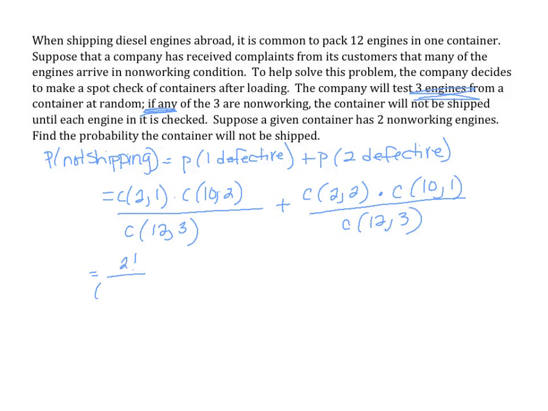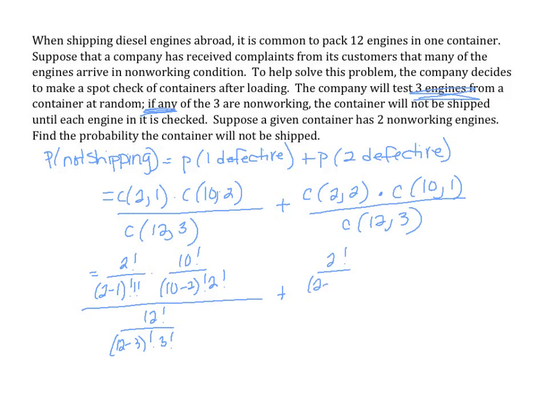So 2 factorial over 2 minus 1 factorial, 1 factorial, times 10 factorial over 10 minus 2 factorial, 2 factorial, all over 12 factorial over 12 minus 3 factorial, 3 factorial, plus 2 factorial over 2 minus 2 factorial, 2 factorial, times 10 factorial over 10 minus 1 factorial, 1 factorial, over 12 factorial over 12 minus 3 factorial, 3 factorial.